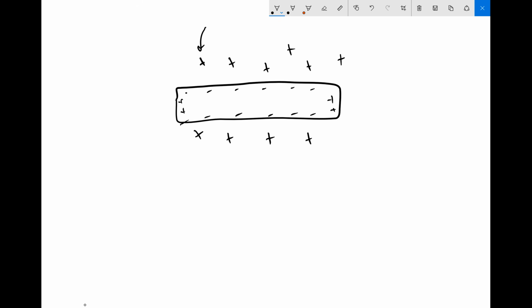And here on the ends, it's going to want to attract anything that has a negative charge. So that may actually be, believe it or not, other types of clay molecules, right? Because on the sides of the clay molecules, they're negatively charged, and on the ends, they're positively charged.